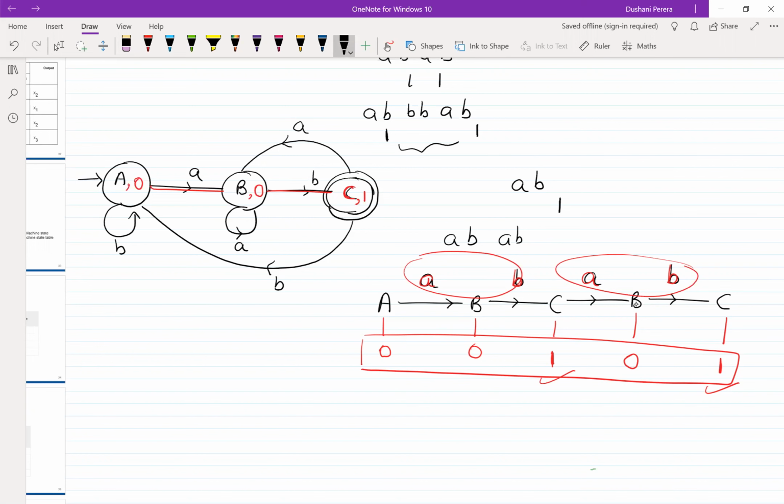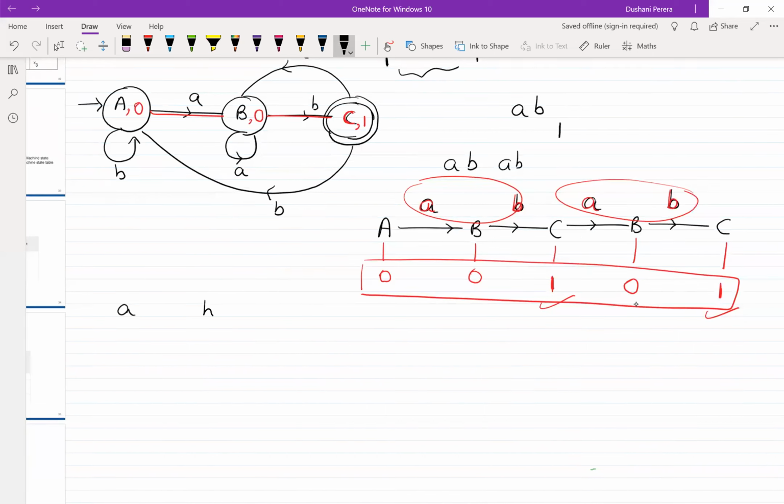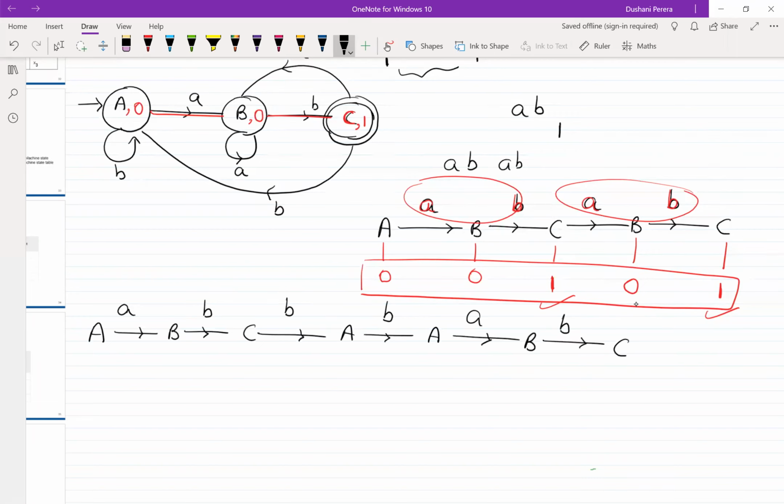Okay, then let's say you get A, B, B, B, A, B. Okay, this is the string that you get. So how does the traversal happen? From A you go to B, from B you go to C, you come back to A, you stay at A, B, you go to C. Okay, now who gets printed? 0, 0, 1. 1 because AB is seen.